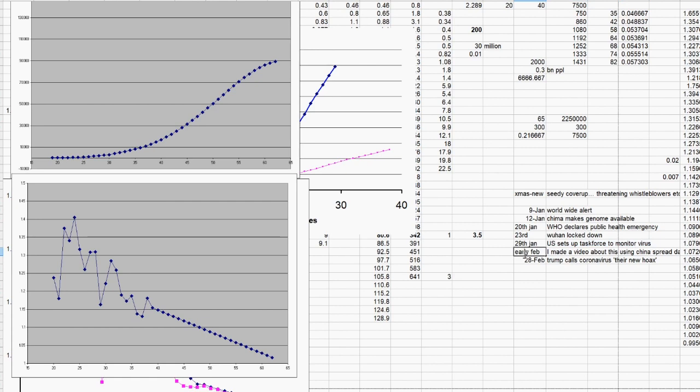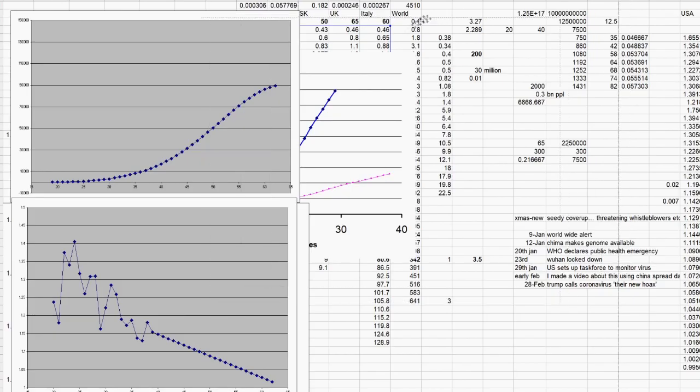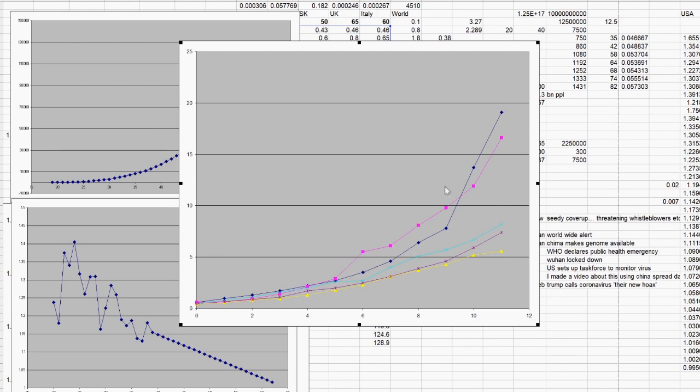Now, in early February, like really early February, I actually made my video on this, based on the spread data that had been made public from China from about the 20th to early February, which is 3 weeks of data. And this is what that spread data looked like. Now, actually several first world countries here, you have to tell me which one is the fake data from China. The one that was published before any of the other data actually existed.